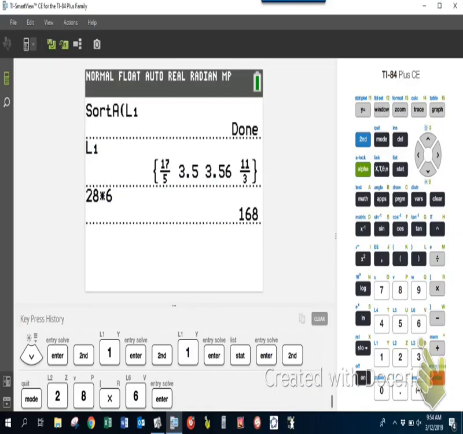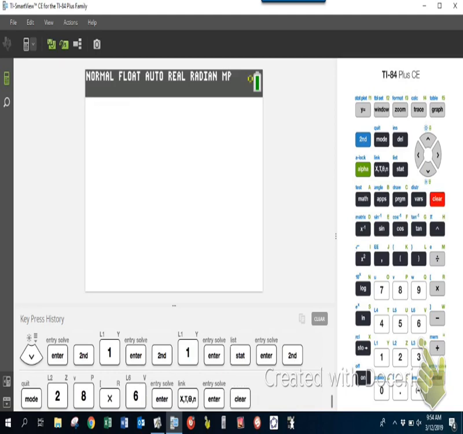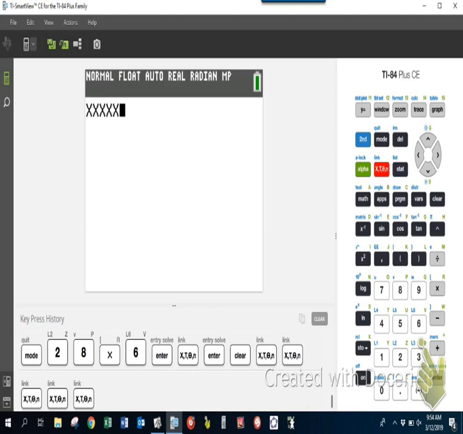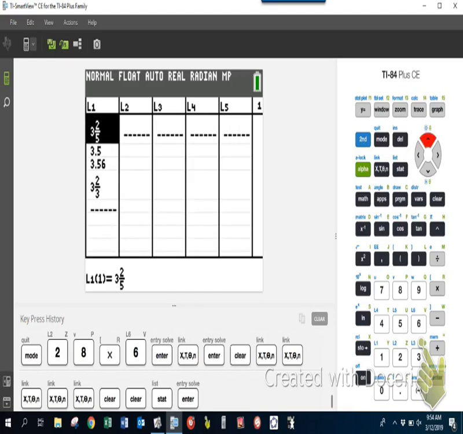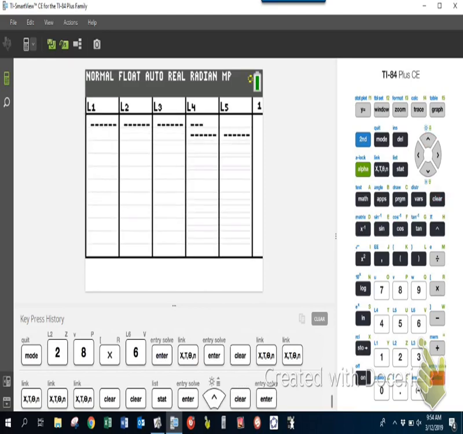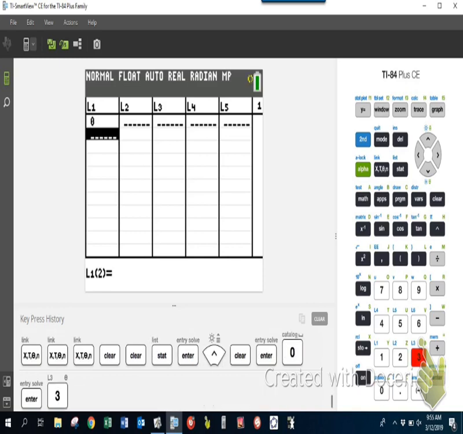So we want to go to stat, edit. Oh, because I'm putting x, my bad. Stat, edit. And then let's get that data out of the way and put in the first set of data. All the x's will be 0, 3, 6, 9.